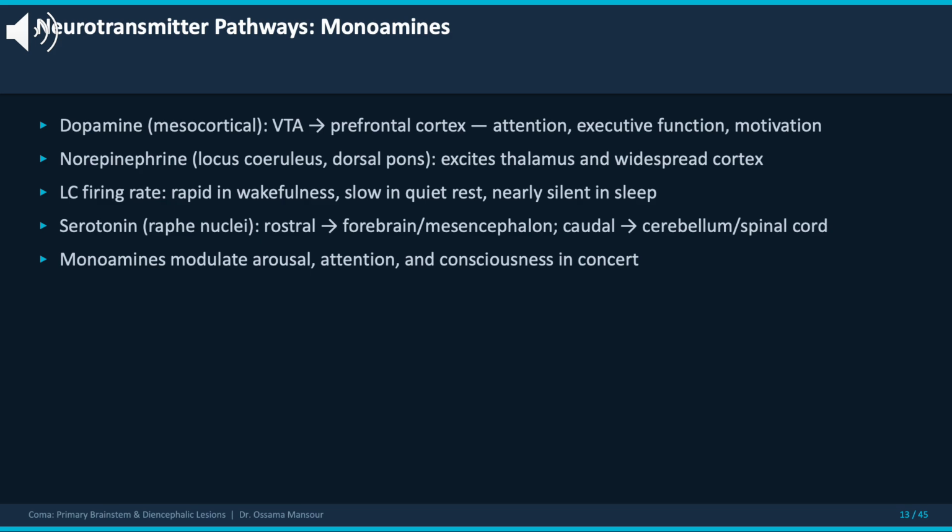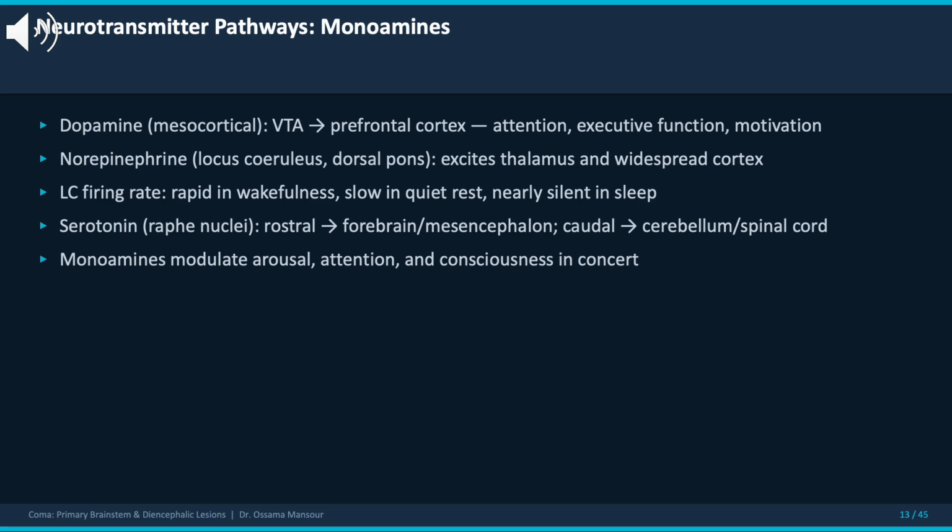Norepinephrine neurons, originating in the locus coeruleus in the dorsal pons, exert a general excitatory effect on the thalamus and widespread cortical regions. What's particularly fascinating about locus coeruleus neurons is that their firing rate dynamically changes according to the behavioral state of consciousness. They fire rapidly during wakefulness and attention, slow during quiet wakefulness, and become nearly silent during sleep.